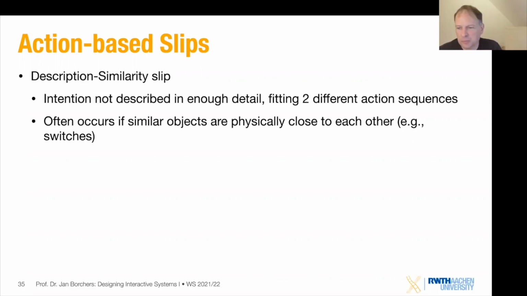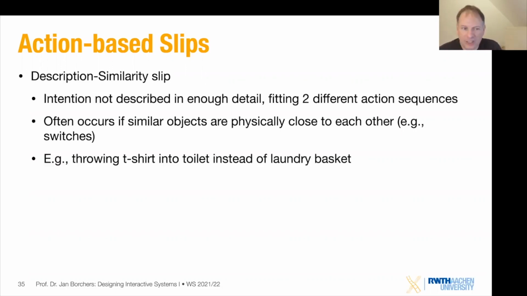Or another example: you get home from sports, you take off your shirt and you mean to throw it into the laundry basket in that corner, but instead you throw it into the toilet. Why? Because both laundry basket and toilet are vessels on the floor with an opening at the top, and your brain is not quite paying attention, so you end up putting it there.